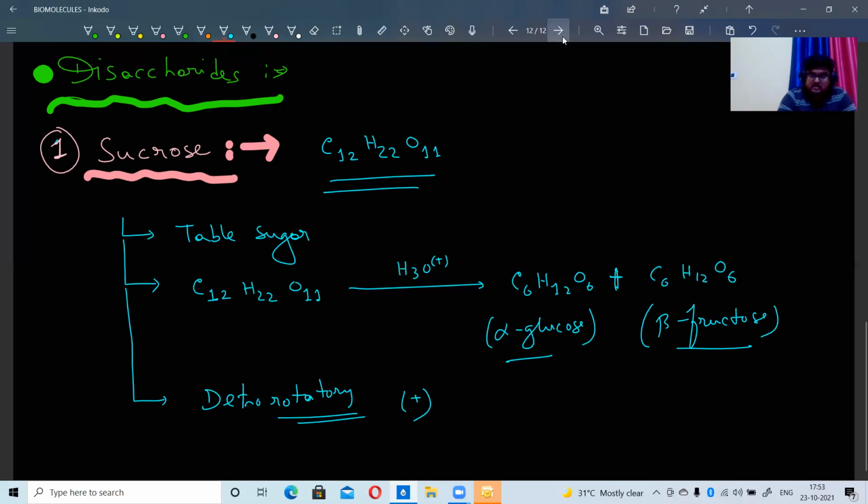Now, if you draw the alpha glucose structure and beta fructose structure, how can you write? Just a minute. Just write down first alpha glucose.